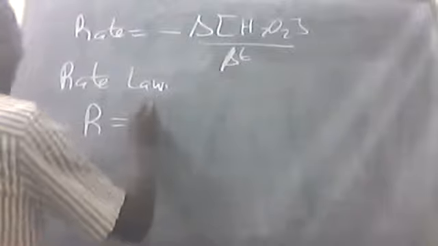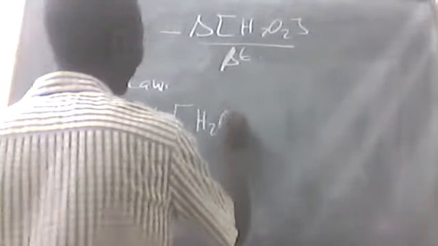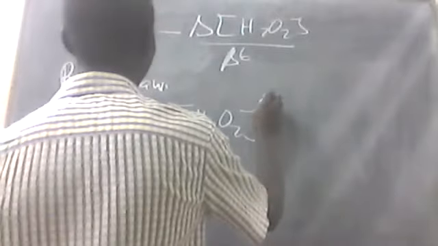I know that in the rate law, you only include the reactant, not the product, because we are concentrated on the reactants. So our rate law in this case is rate = k[H2O2]^n.